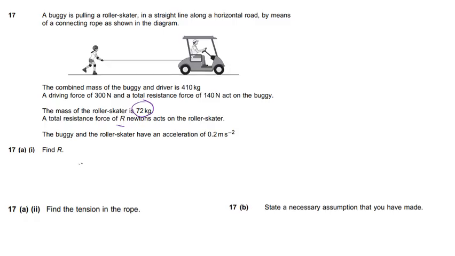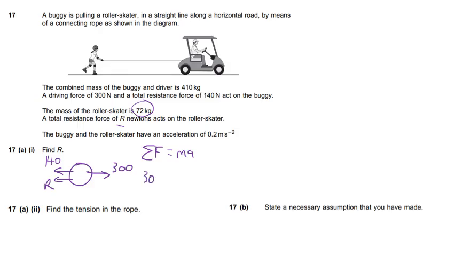So we've got, I'll just do that circle to represent the whole object. So forwards, I've got 300 newtons driving it forward. Yeah, so in reverse, we've got 140 newtons from the buggy and then we've also got a resistance R on the roller skater. So we're just going to use Newton's second law. So the sum of the forces is mass times acceleration.